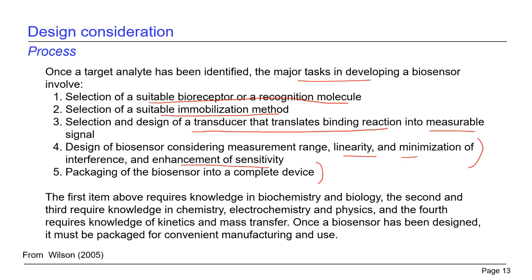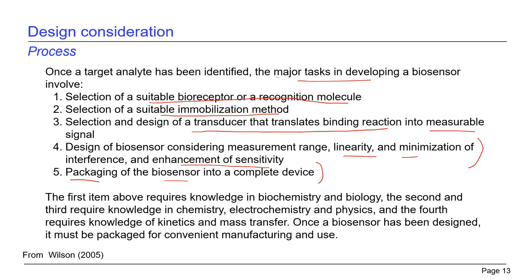And what I don't mean here about packaging is putting it in a pretty box with a bow. We're talking about encapsulating the biosensor into a robust substrate so that it can be delivered and used by people. So again, just to summarize, the first in this list requires knowledge in biochemistry and biology.